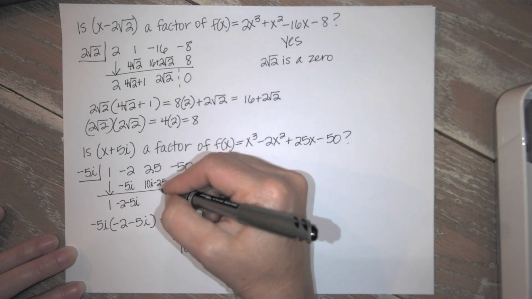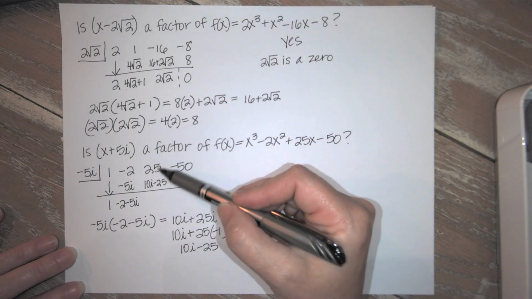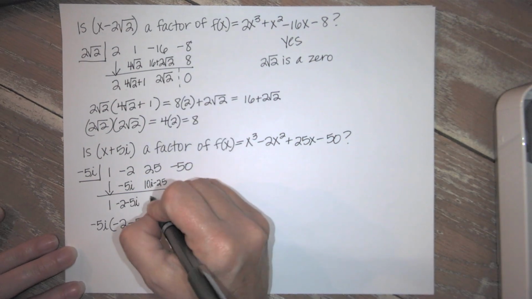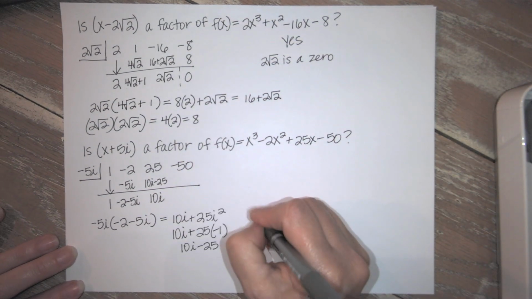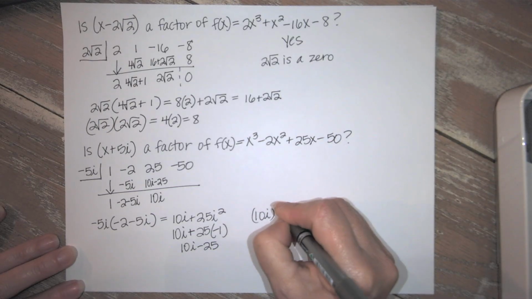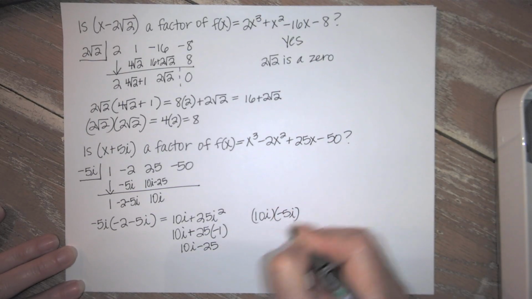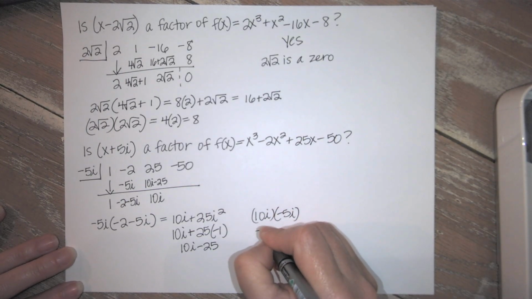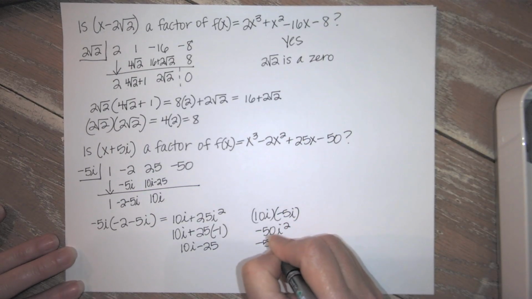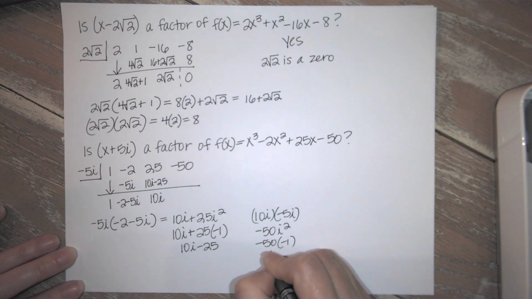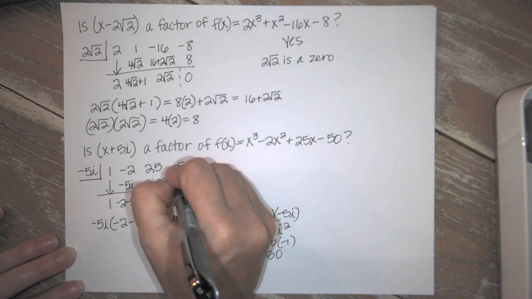And then we got to combine these, and we see that the 25s are going to go away, and we'll have 10i. And then we have to multiply 10i times negative 5i. 10 times negative 5 is negative 50, i squared. Well, i squared is negative 1, so this comes out positive 50.